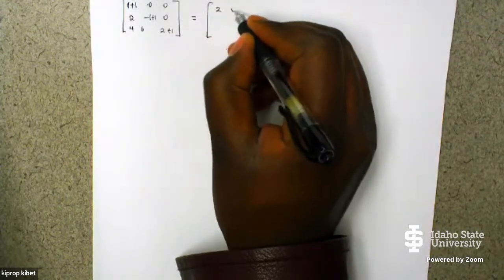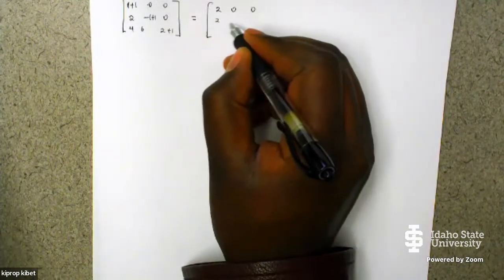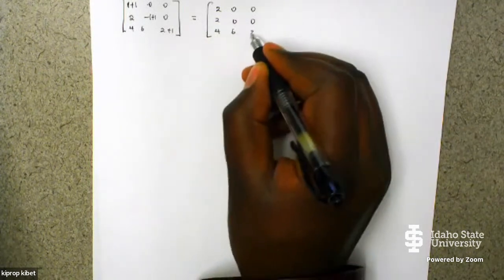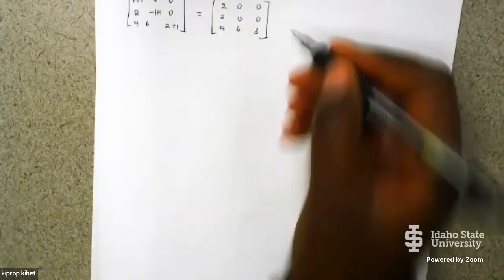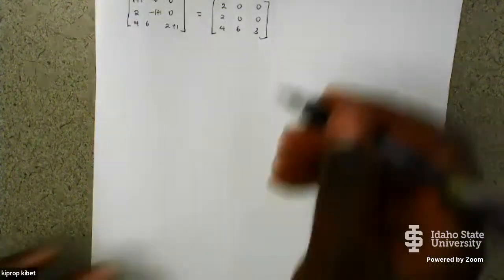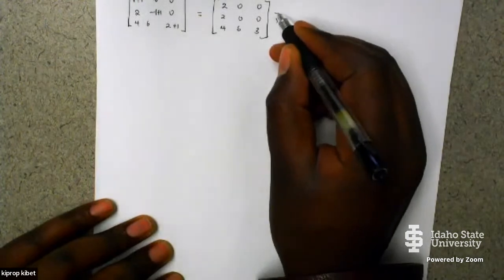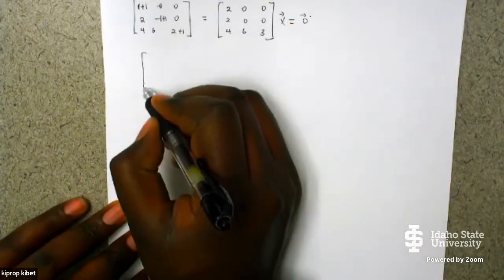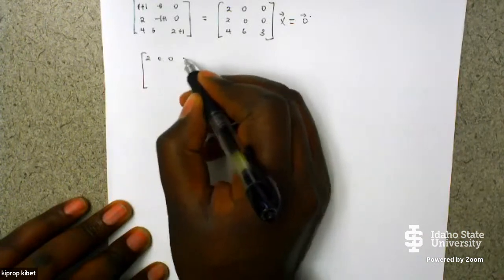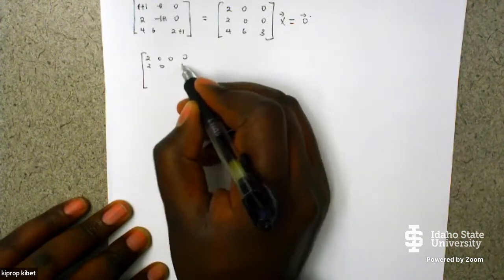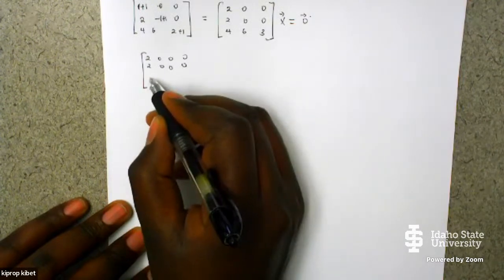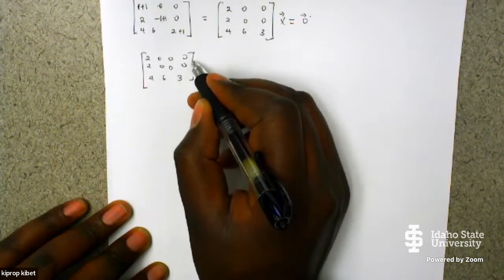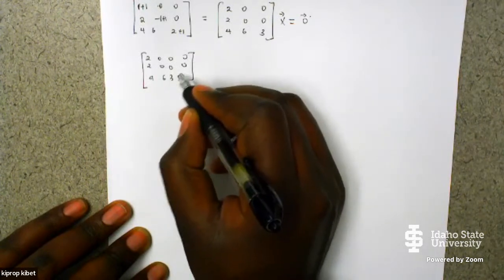2, 0, 0, 2, and then 0, 0, and then 4, 6, and 3, and that equals to 0. So when you write the augmented matrix form, then you get 2, 0, 0, 0, 2, 0, 0, 0, and then 4, 6, 3, and then 0 there.